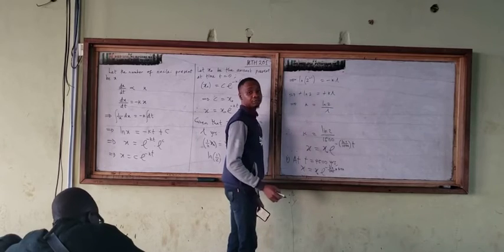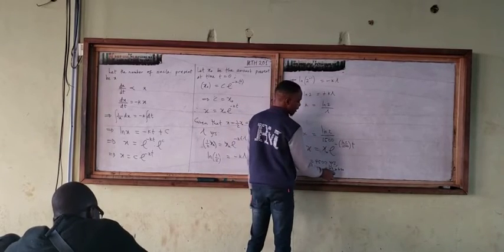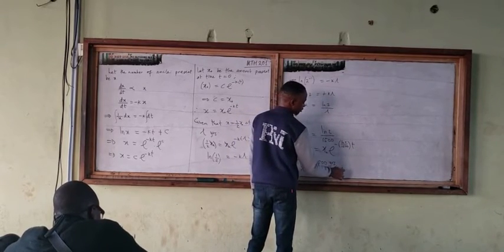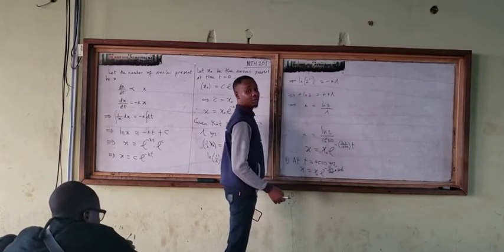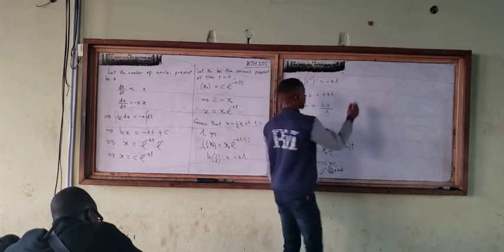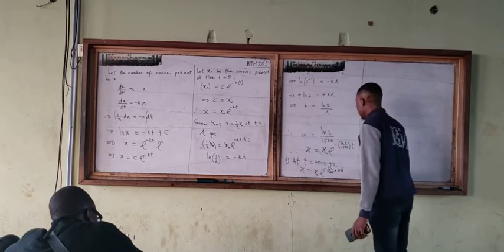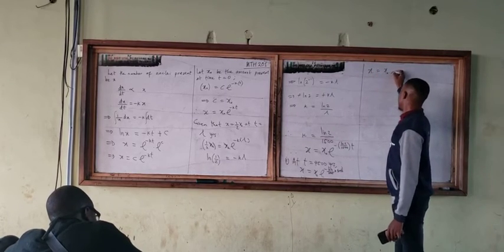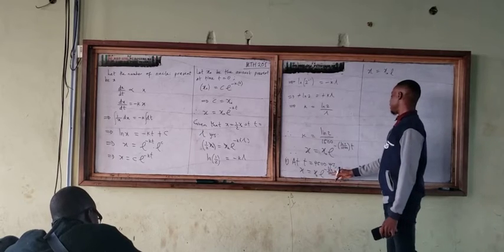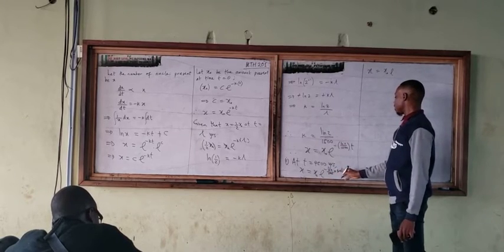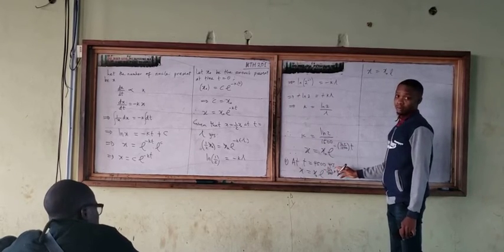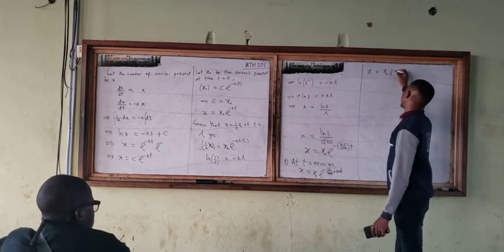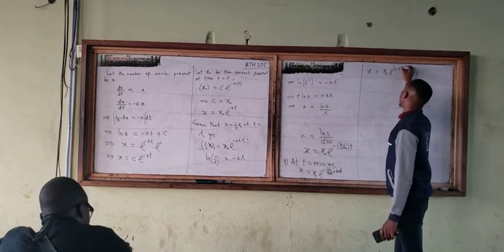Does that make sense? 15 before 5, that's 3. That will be 3 ln 2. So when we work further, x is equal to x naught exponential minus 3 ln 2, so I can write it as ln 2 raised to the power minus 3.